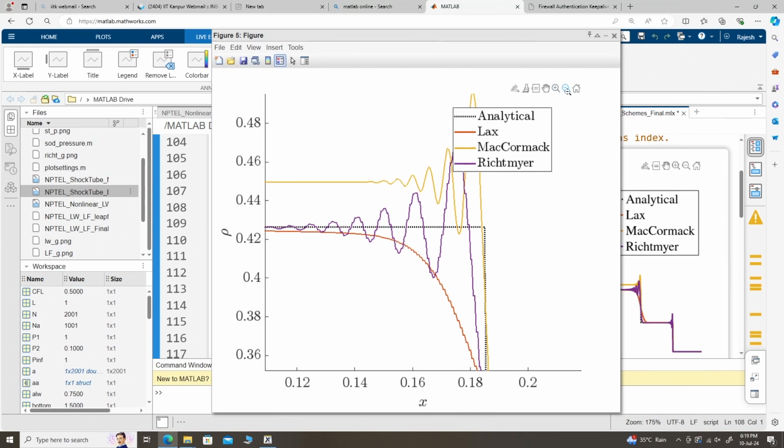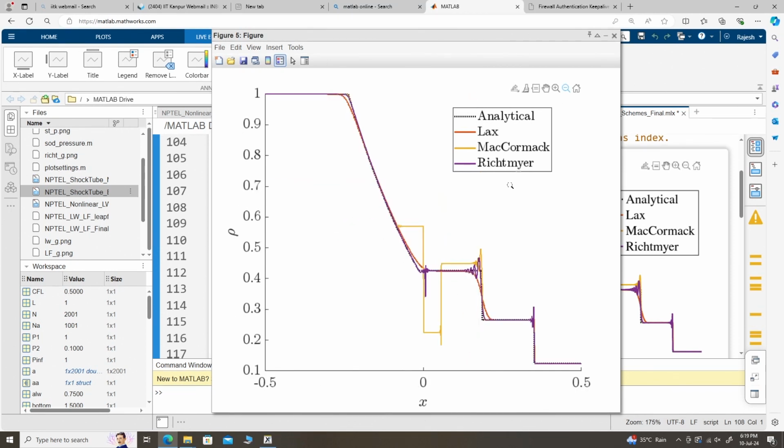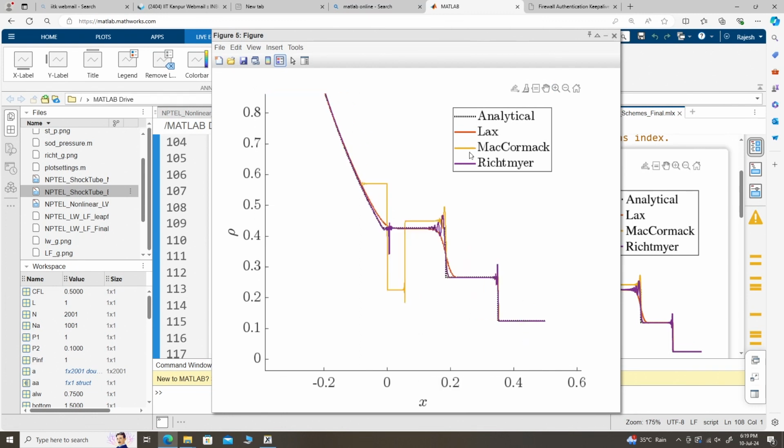Where you have discontinuity, the McCormack has got some issues when it tries to go near the expansion fan. Here for example, all of them behave as expected.